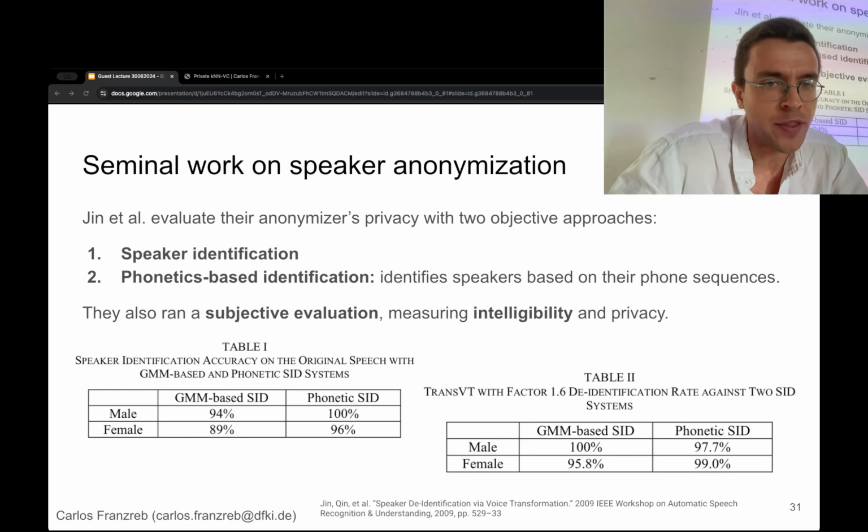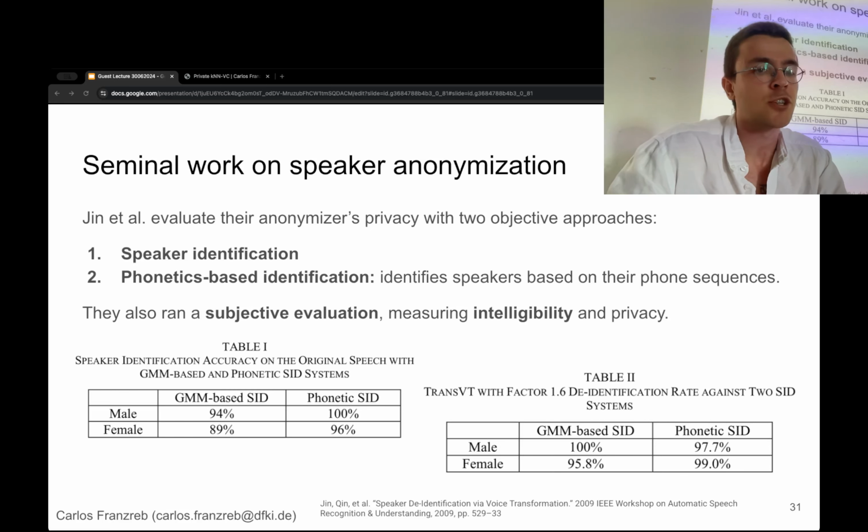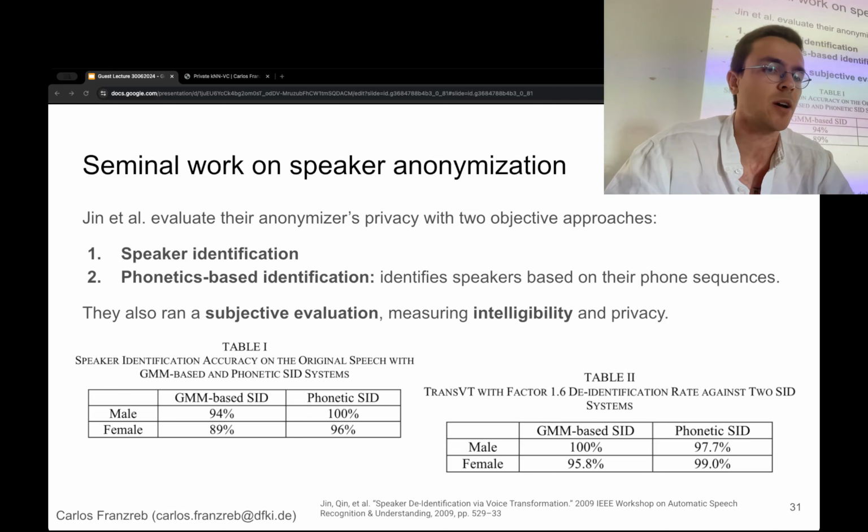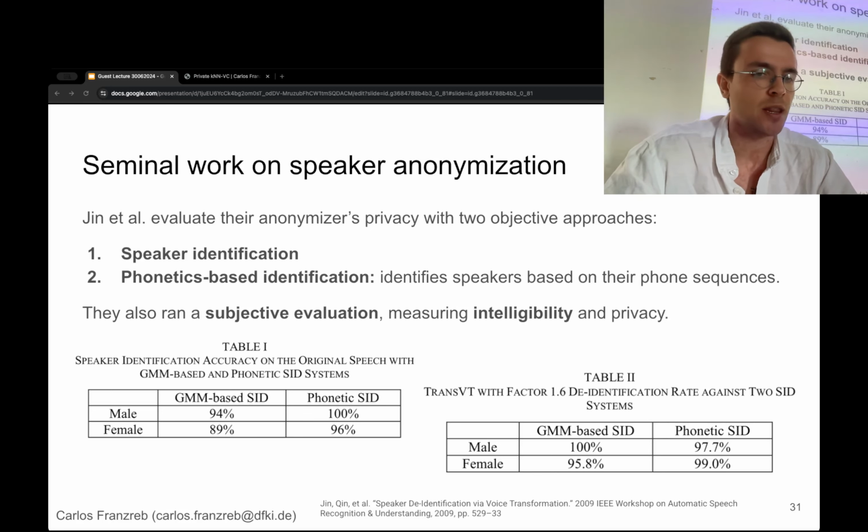In table 1, they show identification rates out of around 200 speakers. Here you see the phonetic speaker identification. They were able to effectively identify original speakers using this approach. Then the speaker identifier, we will go about this kind of approach later on, is just a system that is trained to identify speakers, and they were also able to identify speakers reliably with this system as well.